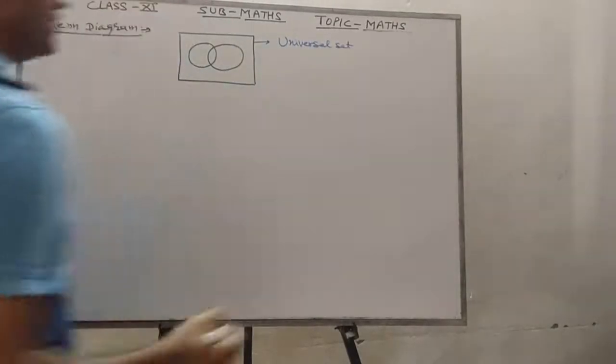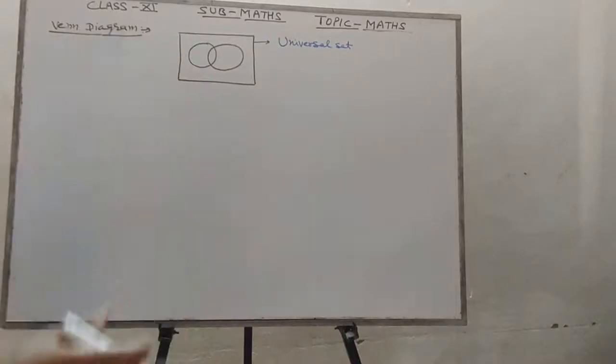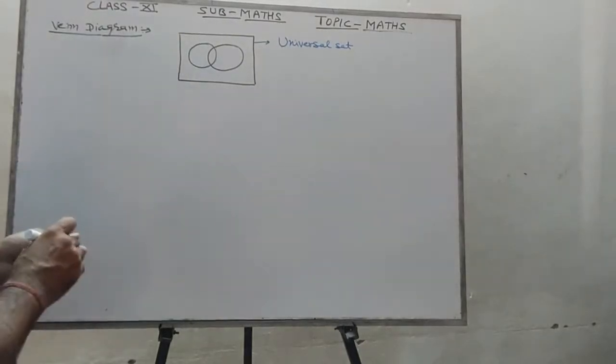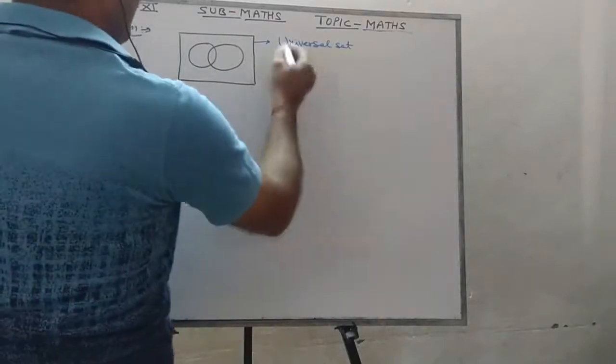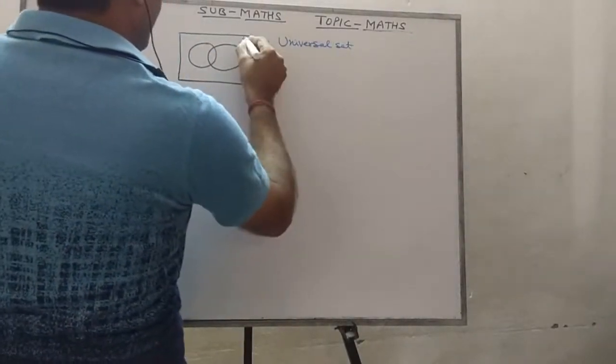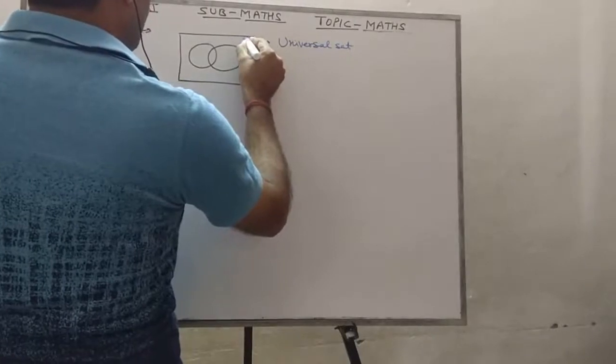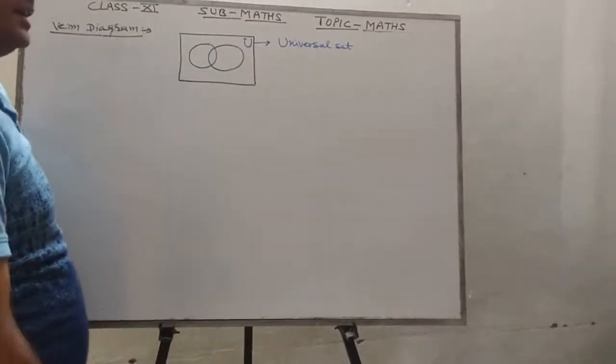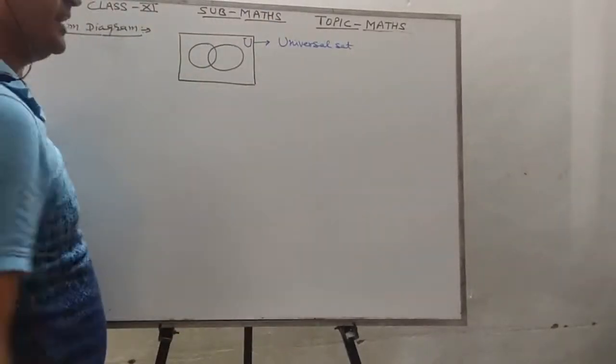As you know, what is a universal set? The universal set is the biggest set in that context, or say the basic set in that context. If we say the number system, the real number set is the universal set. The universal set is denoted by U, like this, and it is represented by a rectangle.